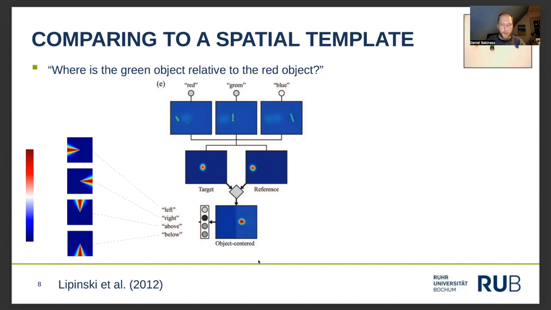Therefore, if the overlap between the relative position and the spatial template is large, the node gets high activation. And if it's low, the node gets low activation. And this effectively then compares the relative position to a spatial template in a neural dynamic architecture.